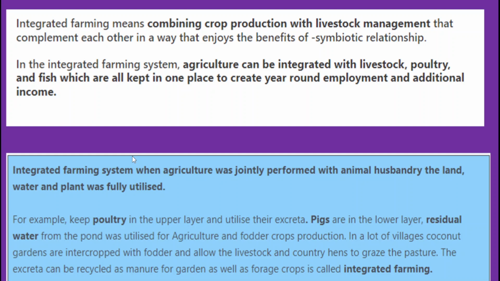Now, in the introduction itself, you have to define what exactly the integrated farming system is. Integrated farming means combining crop production with livestock management. So whatever crops you have produced, it involves combining crop production with livestock management. Crop production and livestock management usually complement each other in a way that enjoys the benefits of a symbiotic relationship.